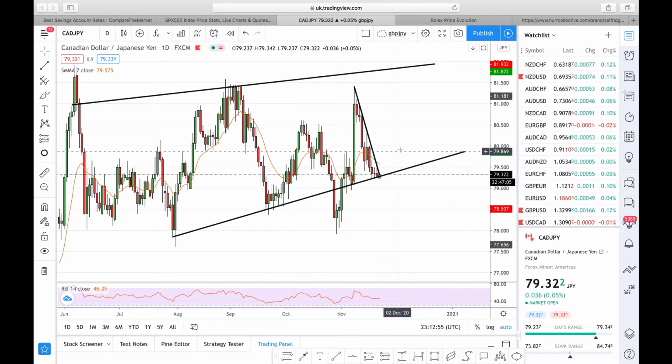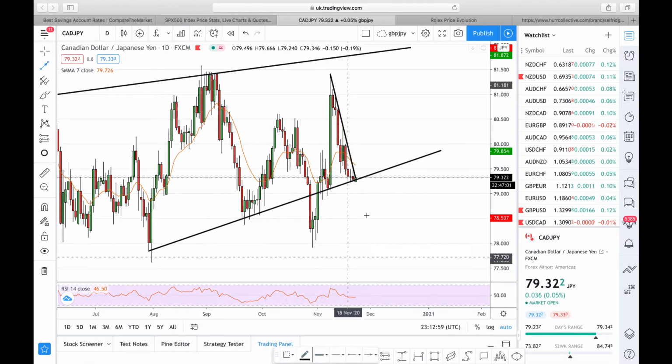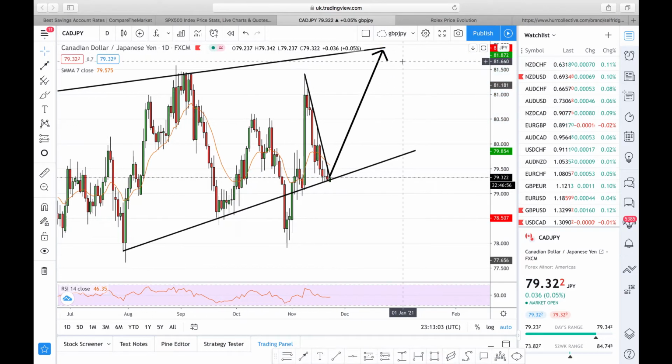It's hit support 10 times on this bottom channel trend line. What you're going to do is buy it for several weeks until it makes a new high up there, and you're looking at a movement of around 2,000 pips. If you're doing a pound per pip, that's £2,000. So that's how you invest in foreign exchange. You're buying or selling a currency pair in whatever way you think it will go. If it goes against you, then you lose money.